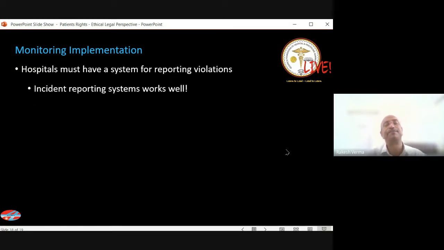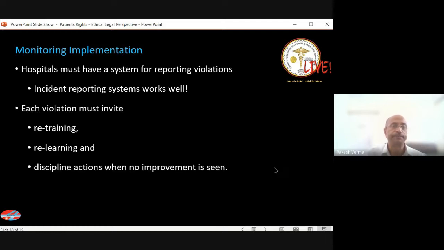Every hospital which has implemented NABH standards would have an incident reporting system where you are reporting system failures, medication errors, patient falls. You may be reporting facility-related issues like electrical short circuits and things like that. The same incident reporting system can also be used to initiate reports about patient rights violations.